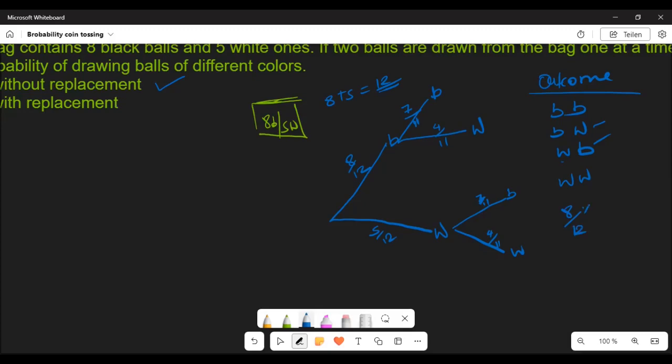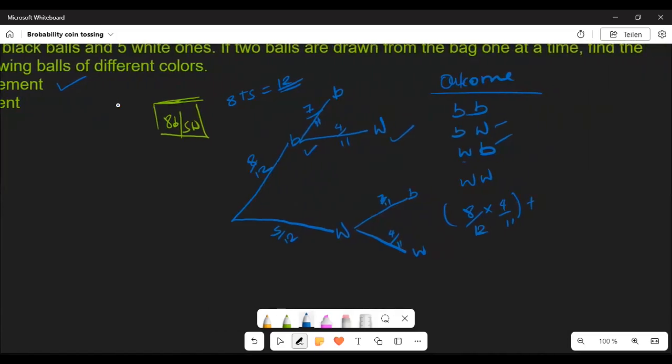So now, black and white is going to be 8/12 multiplied by 4/11. Okay, so that is this one here, multiplied by this one. So that plus the probability of white and black. So that's going to be 5/12 times 7/11. So that's going to be what we work with.